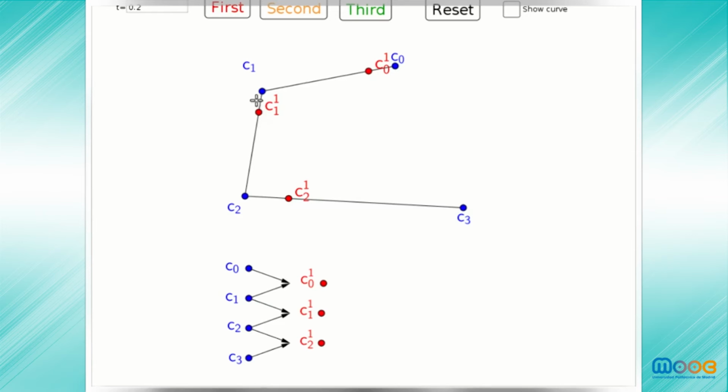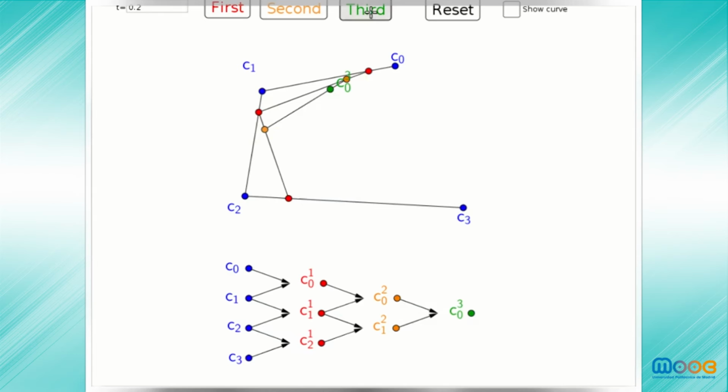This point lies on the line segment between C1 and C2 in the same proportions, t and 1 minus t. And this point lies on the line segment between C2 and C3 in the same proportions, t, 1 minus t. In the second stage, we get the yellow points on the segments with ends in the red points, in the same proportions as before. This point is a proportion t, 0.2, 1 minus t, 0.8. And this point the same, t, 1 minus t.